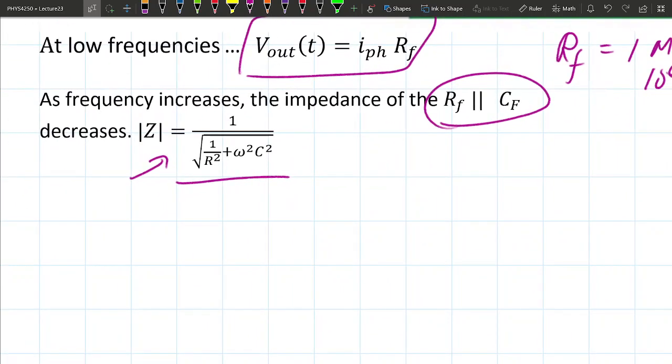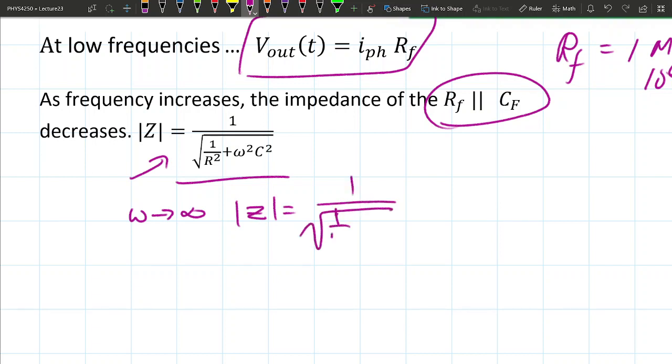And why is this useful? Because as omega goes to infinity, remember you want this to be knocking out high frequency noise, the impedance goes to 1 over the square root of something that goes to infinity, and when you square it, it basically goes to 0.